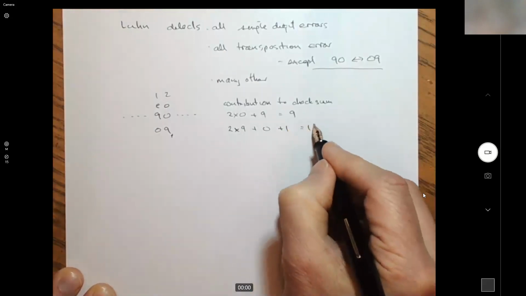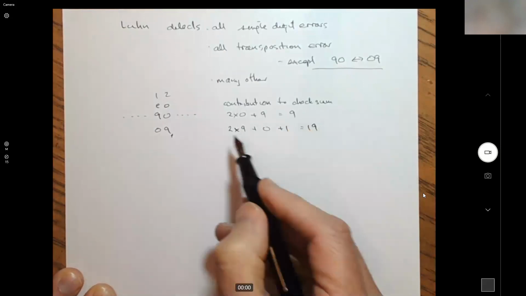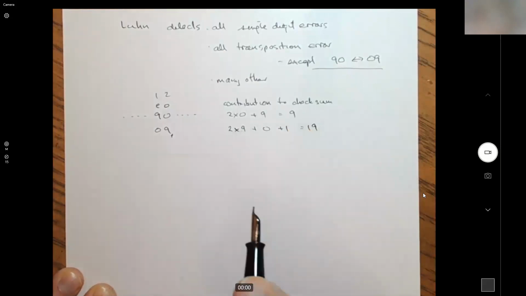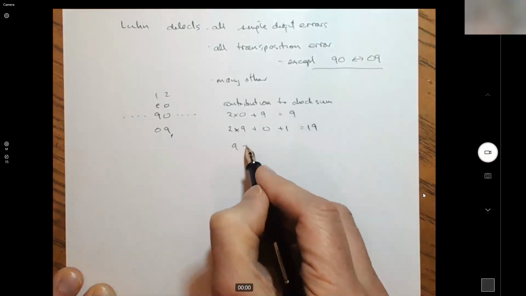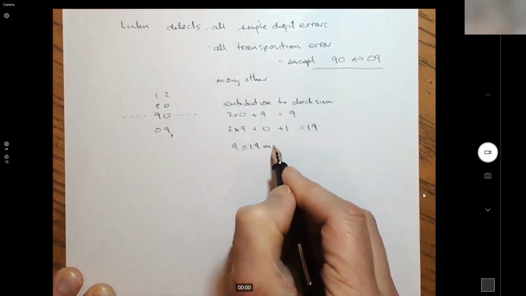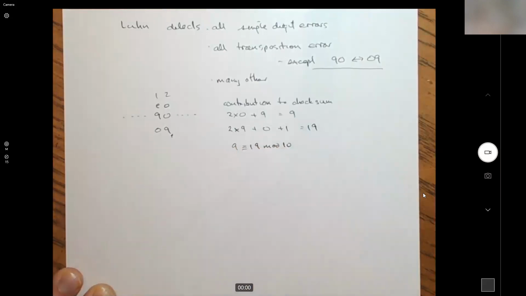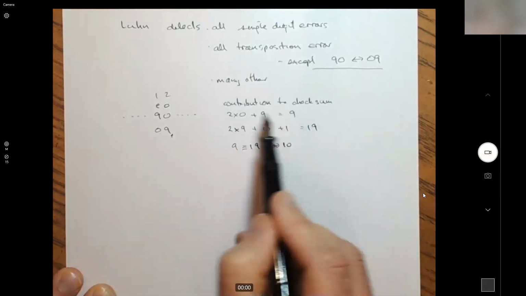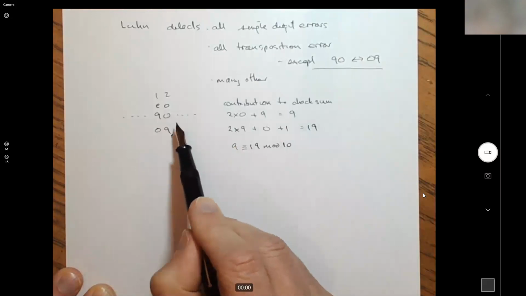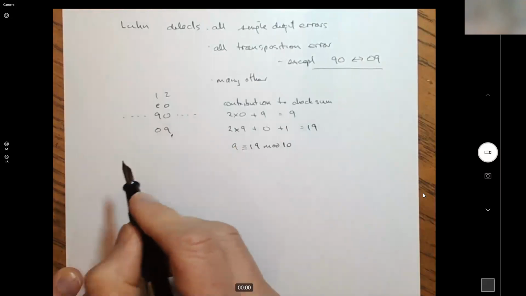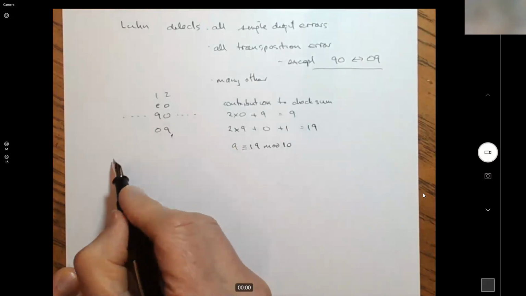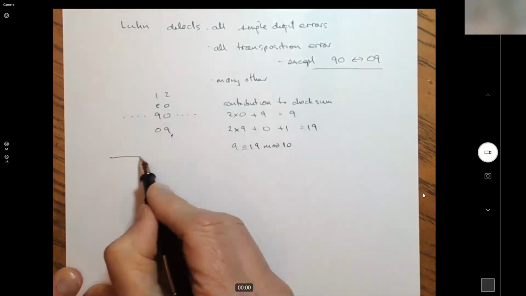And that's equal to 19. So 18 plus 1 is 19. And the trick here is that 9 and 19 are the same thing in the mod 10 system. So 09 and 90 are actually contributing exactly the same thing to the checksum.